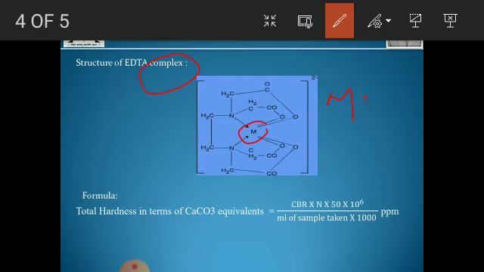Calcium, Ca++, or magnesium, Mg++, from the hard water: calcium sulfate, magnesium sulfate, calcium chloride, magnesium chloride, or even bicarbonates. The lone pairs on the nitrogens also form coordinate bonds with the metal ion, and overlapping 5-membered rings form a complex.